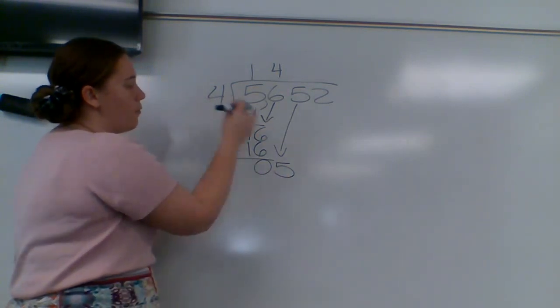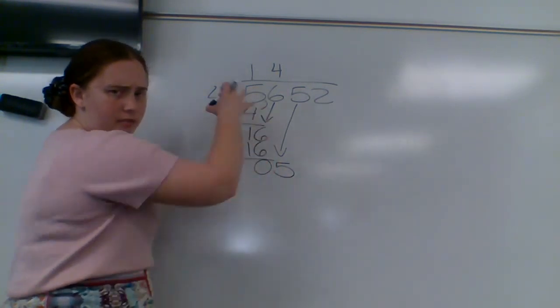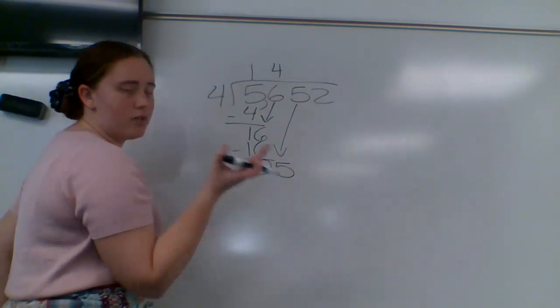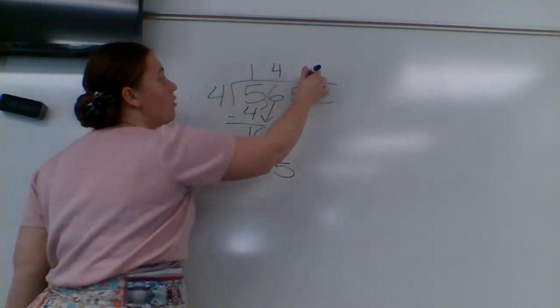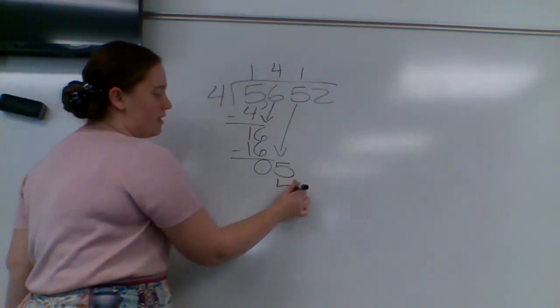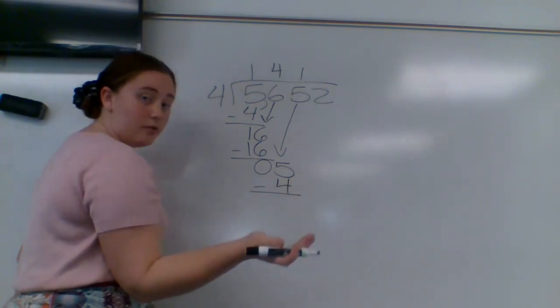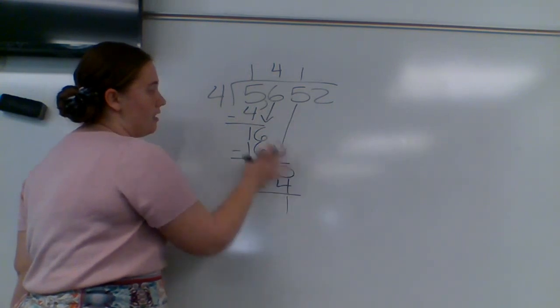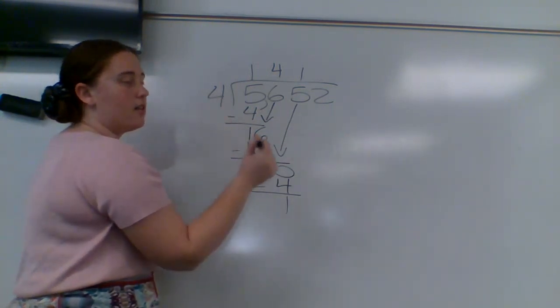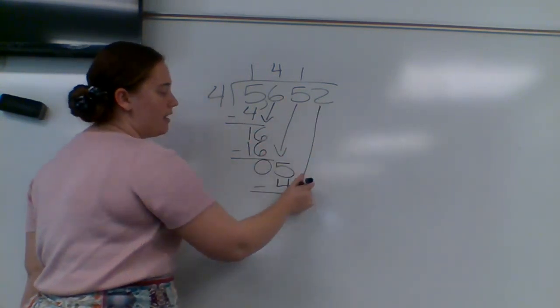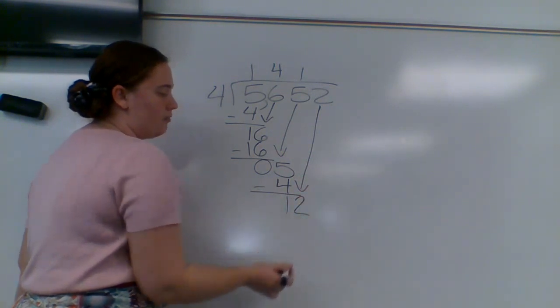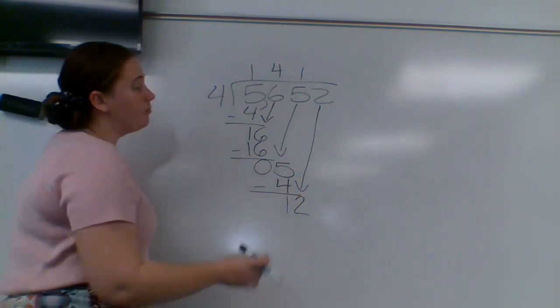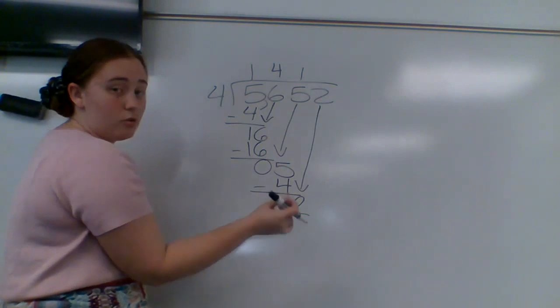And we're going to go 4 into 5, just like that was our first thing that we did with our problem. 4 into 5 is 1. 1 times 4, like we've already done, is 4. And 5 minus 4, of course, is 1. And 1, like we've said before, is smaller than 4. It's a good comparison. We're going to bring down my 2 all the way down. 2 is down here now. Now 4 is going into 12.